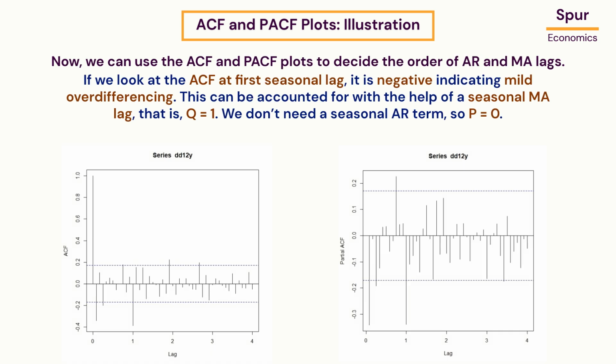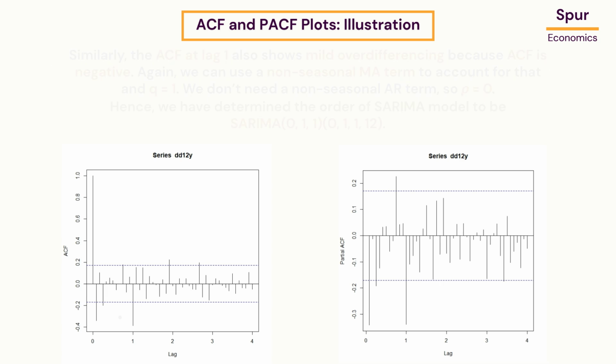Now, we can use the ACF and PACF plots to decide the order of AR and MA lags. If we look at the ACF at first seasonal lag, it is negative, indicating mild overdifferencing. This can be accounted for with the help of a seasonal MA lag, that is, capital Q is equal to 1. We don't need a seasonal AR term, so capital P is equal to 0.